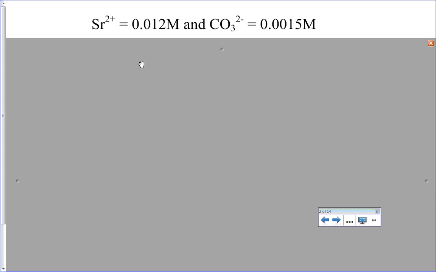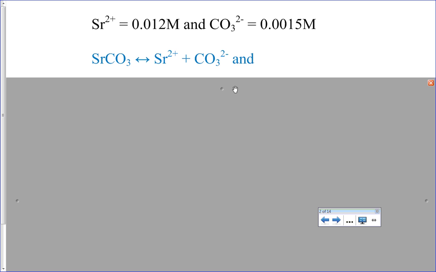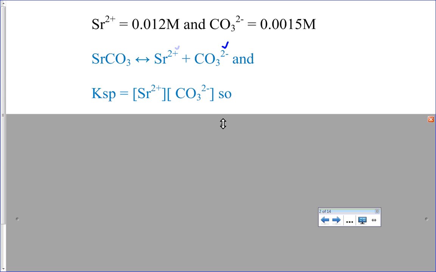So looking at the second one, two different ions, strontium ion and carbonate ion. This time, when we look at how they would combine, since they're both the same number, 2 plus and 2 minus, it's a 1-to-1. That gives me a Ksp expression, 1-to-1.